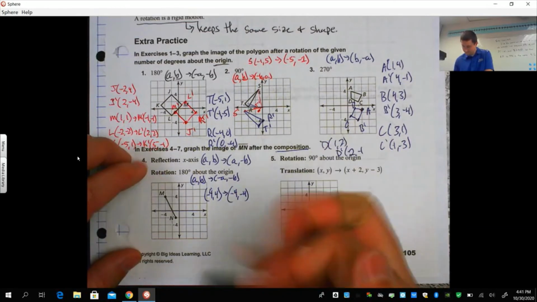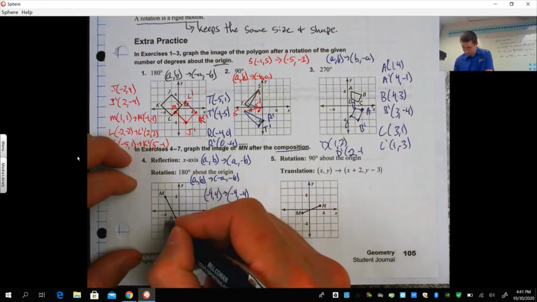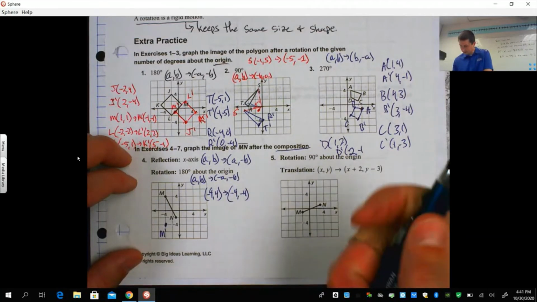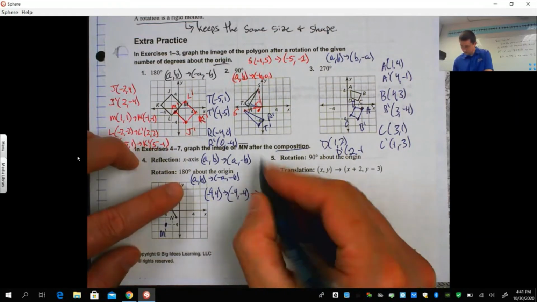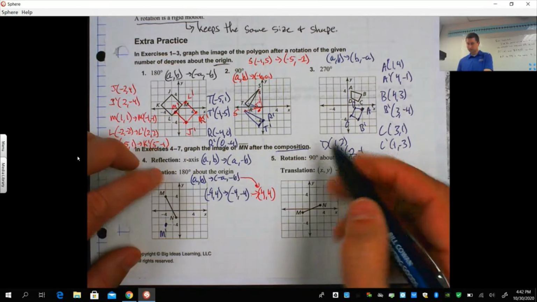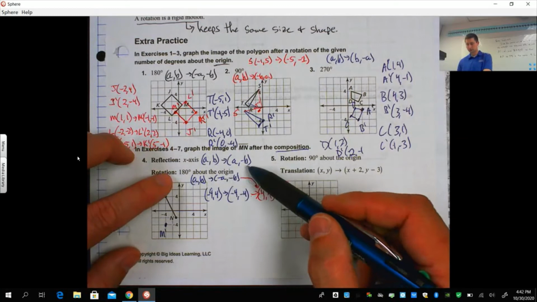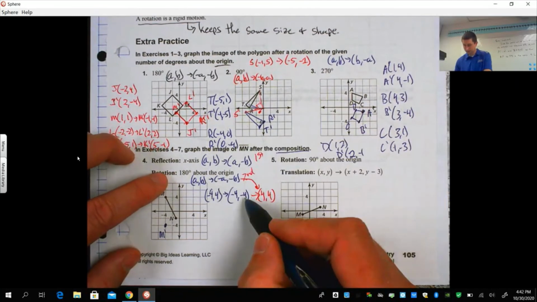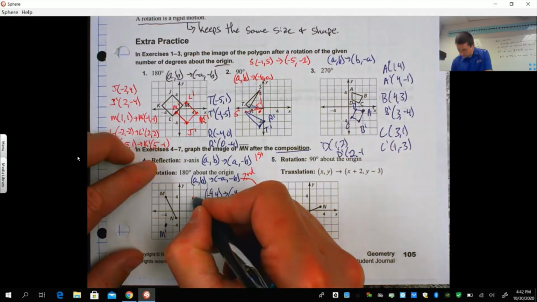We're reflected in the x-axis, so there's M prime. And then it's going to go to 4, 4. Okay, there's the reflection around the origin. So I use this rule first, this rule second. So 4, 4 should be my double prime.